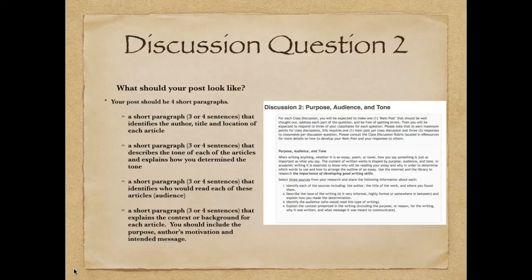Those are the types of motivations that you're looking for when you're thinking about the author's motivation. What is this author trying to do? Is it trying to get you to see the importance of academic writing or good writing skills or sharing an experience? What is the author doing? What was the motivation for that particular writing?